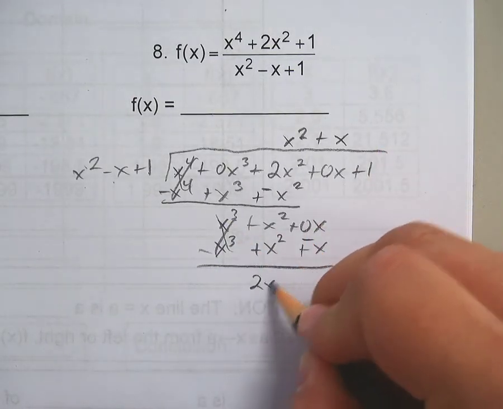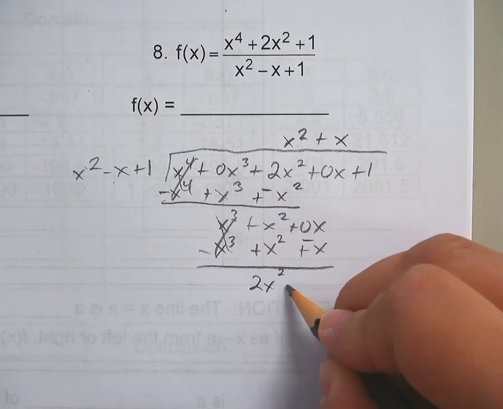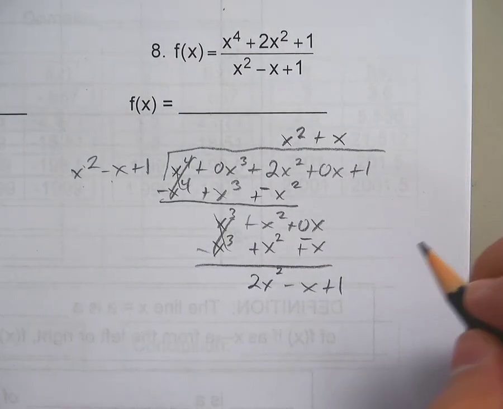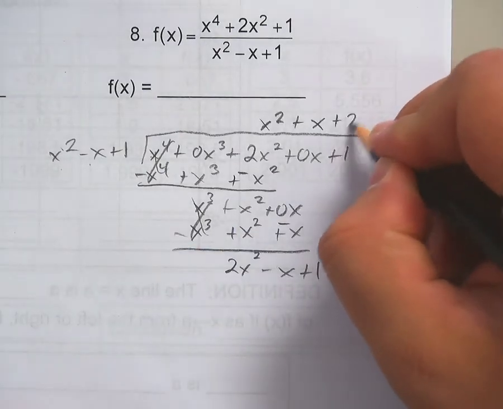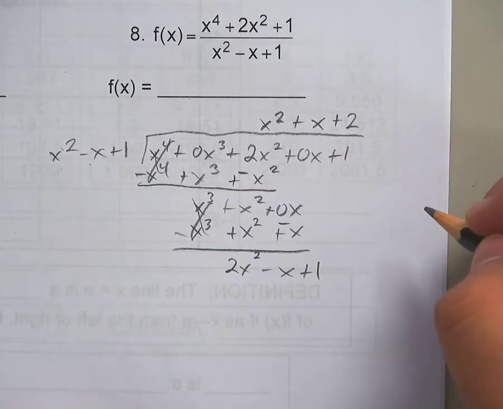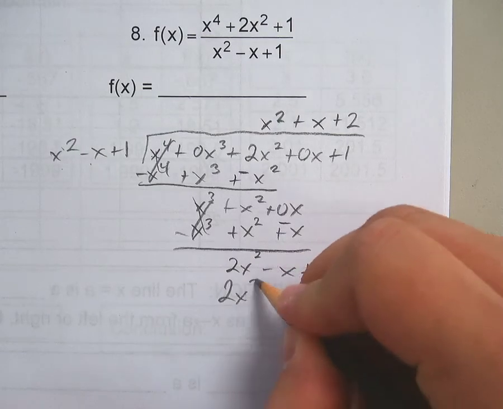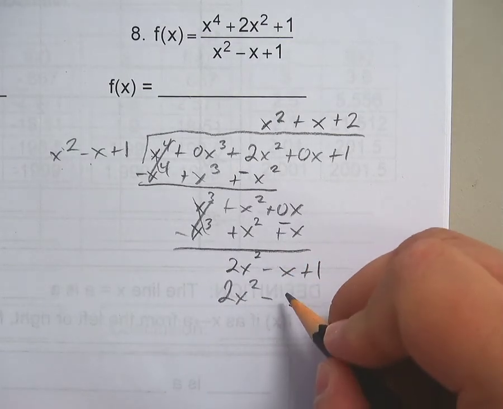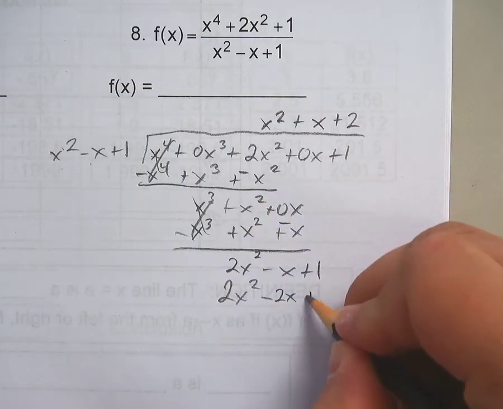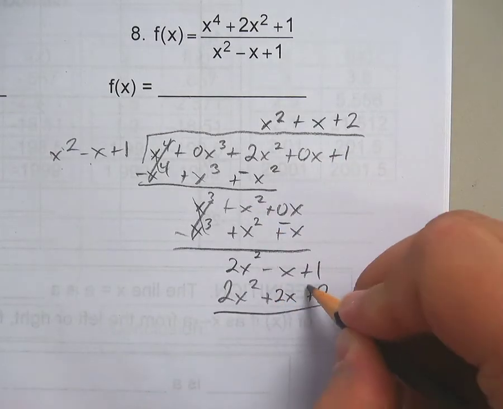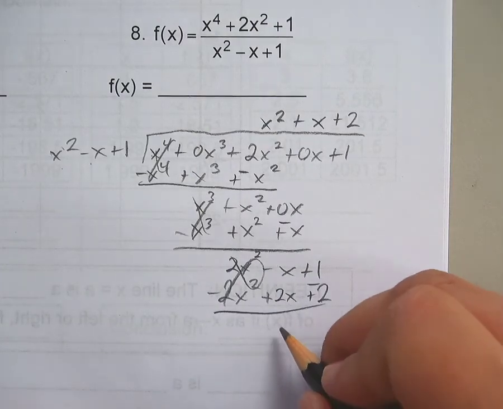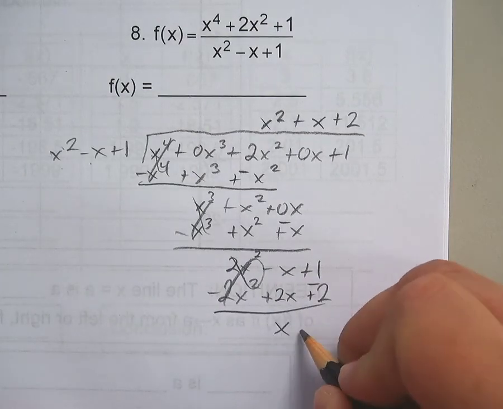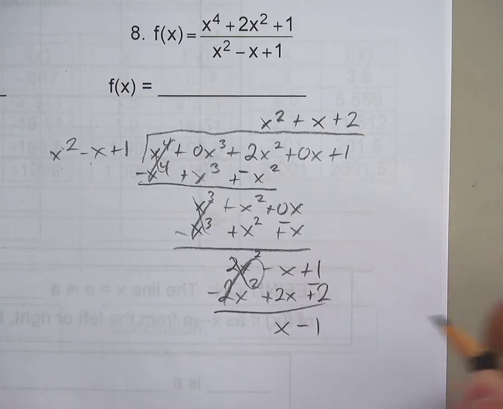I've got 2x squared minus x plus 1. And I'm missing a 2. So 2x squared minus 2x plus 2. Change signs everywhere. And I have got x minus 1.